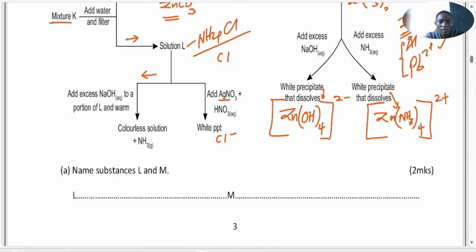And that means when we add excess sodium hydroxide, we are able to get the ammonia.